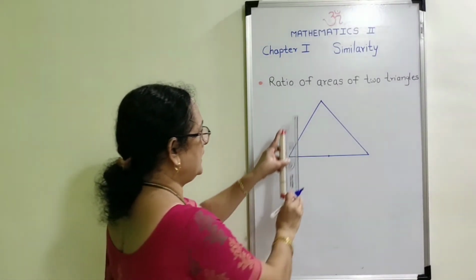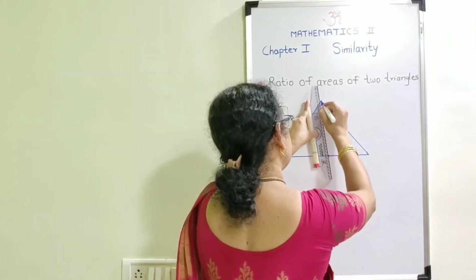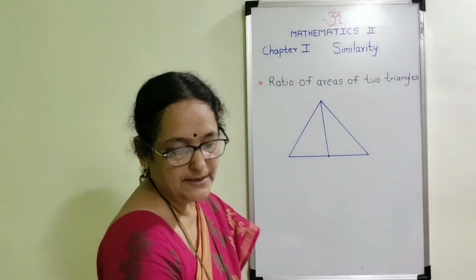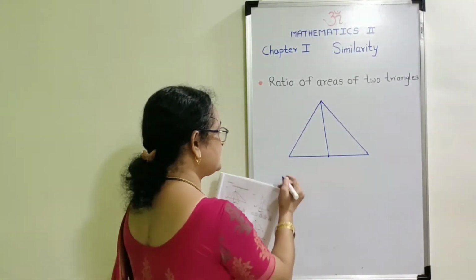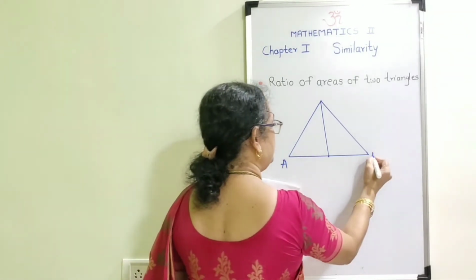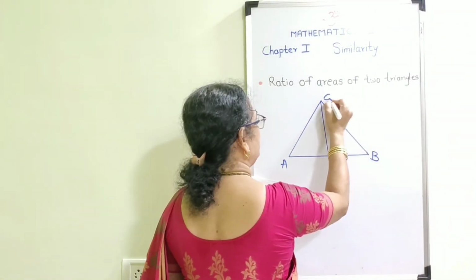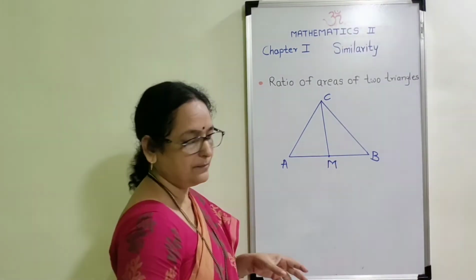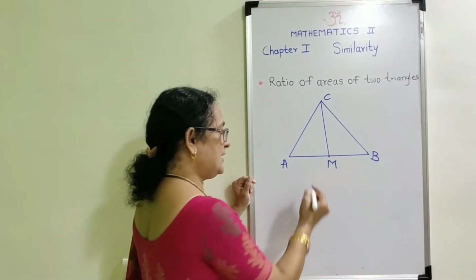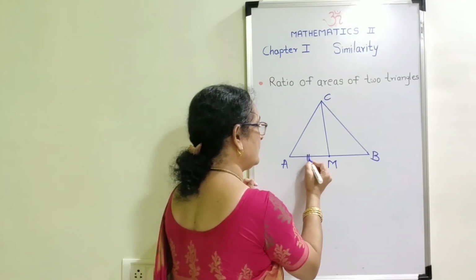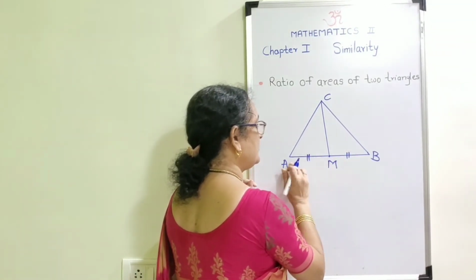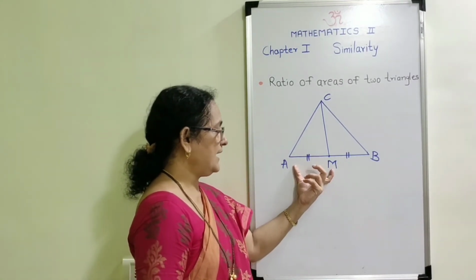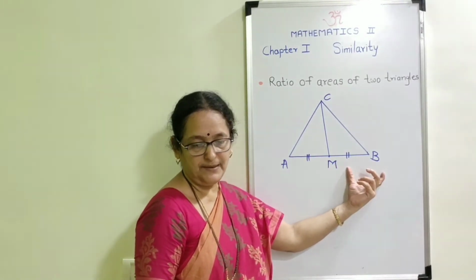Also they have given that in this triangle, this point is the midpoint of the base. This triangle is triangle ABC, and here point M is the midpoint of base AB. Since M is the midpoint, with the help of the definition of midpoint of a segment, I can easily write down that AM is congruent to BM.